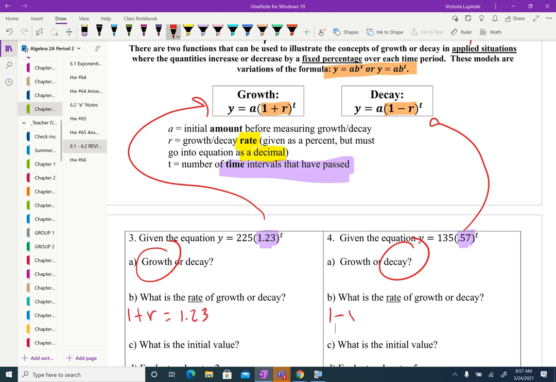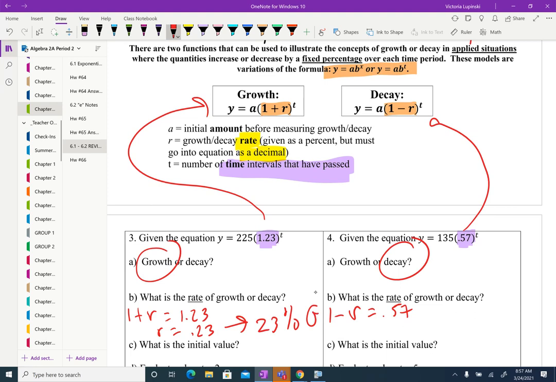And if it's a decay, you're going to do 1 minus r equals the value. On the left, subtract 1, and you're going to get 0.23. 0.23 means 23%, and it's growth.